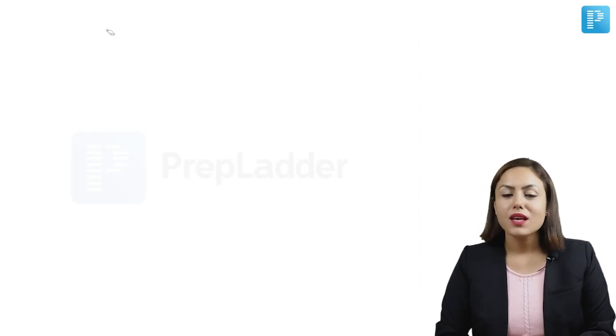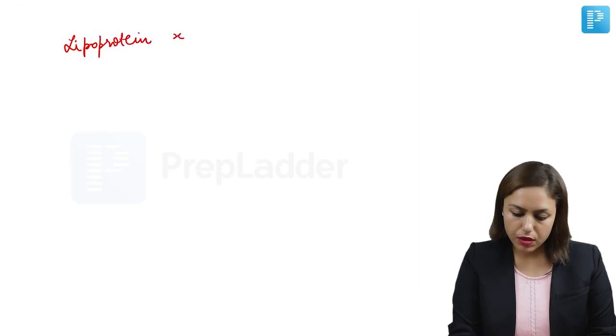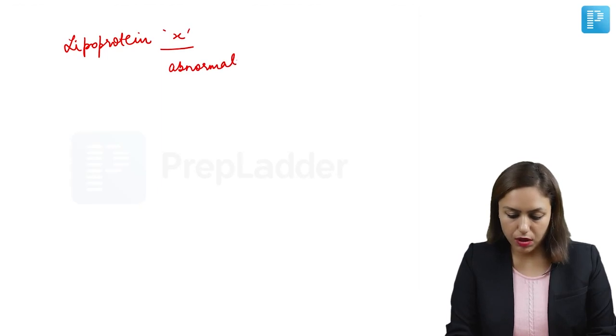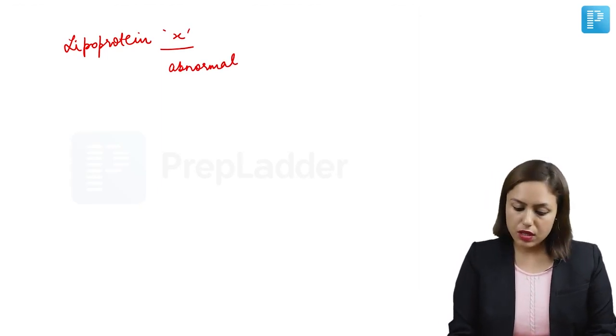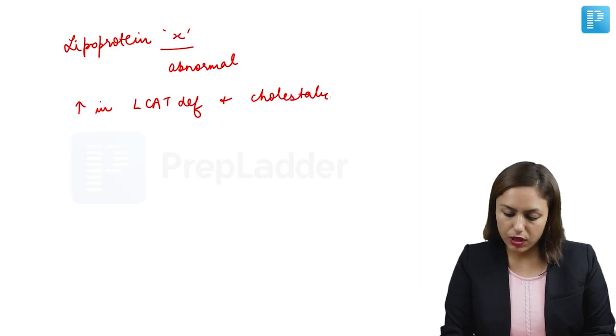So the next topic is lipoprotein X, which is an abnormal lipoprotein. Lipoprotein X, an abnormal lipoprotein. This lipoprotein is increased in LCAT deficiency and cholestatic states, right?